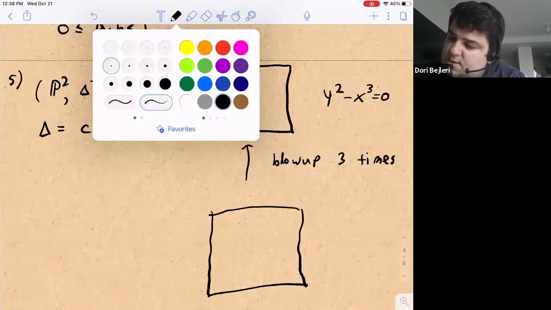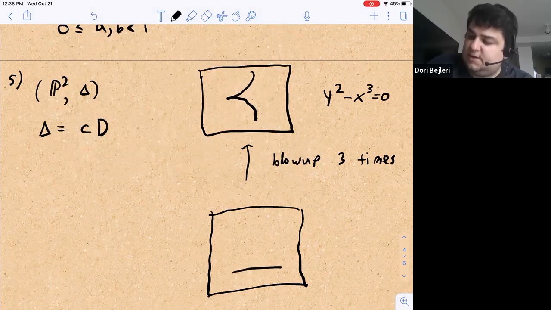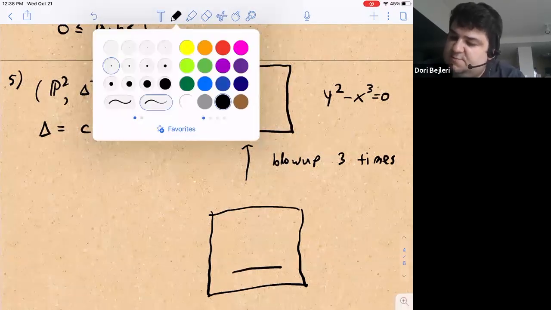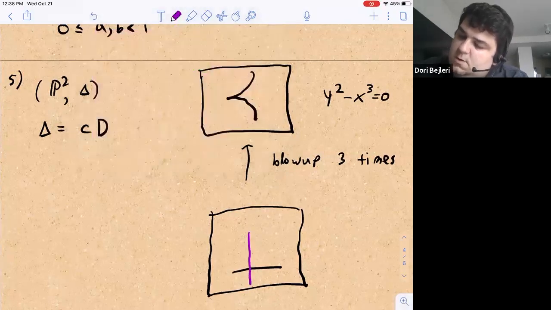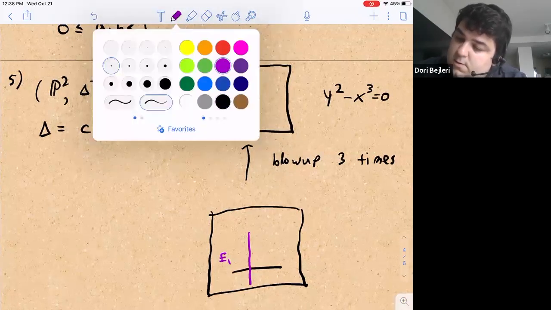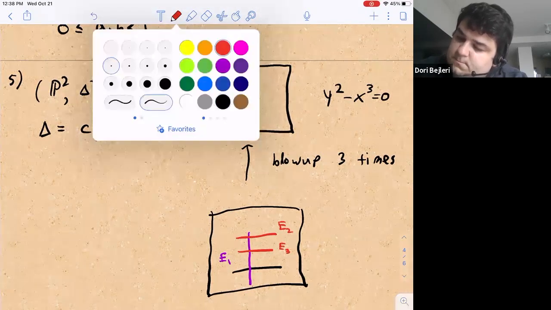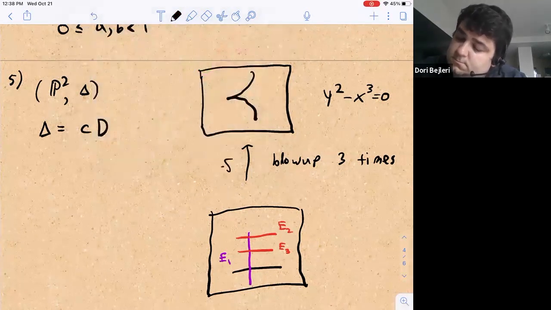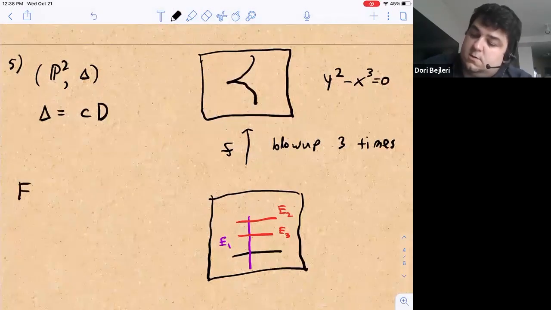So we have a component corresponding to our D, and then we have a bunch of exceptional components. One we'll call E1, and then some other exceptional components like this, E2 and E3. Now Ei squared is minus i.